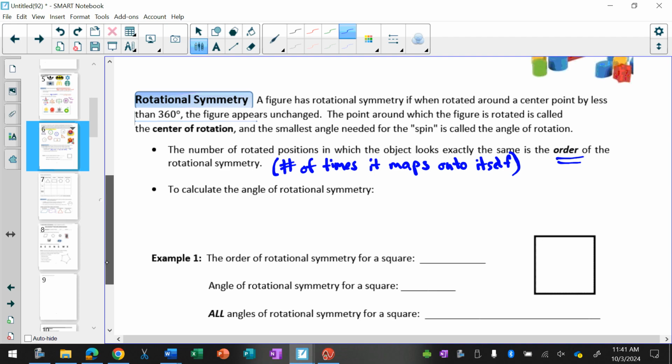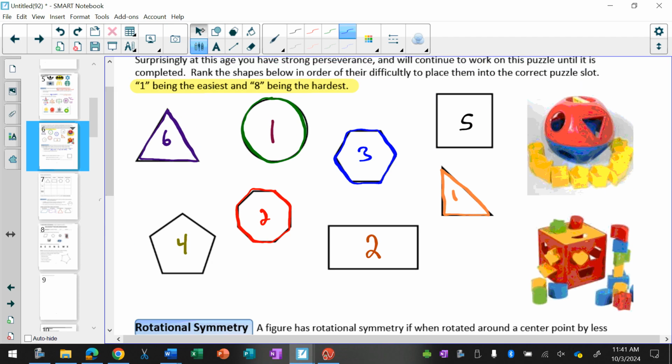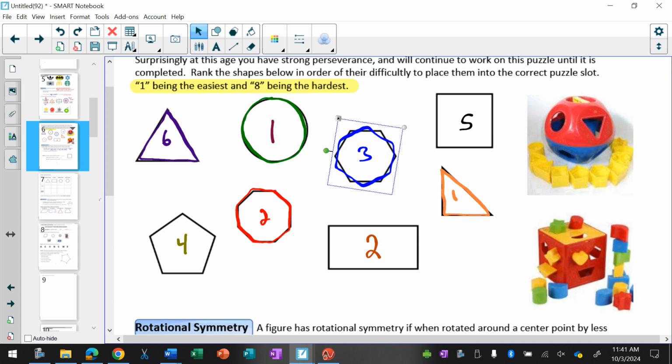So as you were watching me rotate this hexagon, it rotates 1, 2, 3, 4, 5, 6 times back onto itself within one full spin of 360. So that has an order of 6.